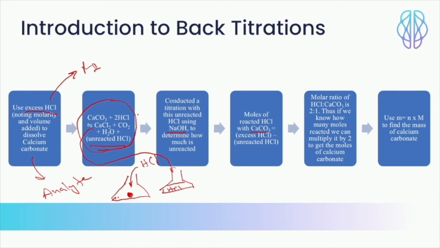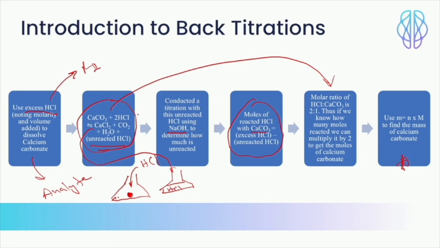And then we use this equation again. We know that HCl and calcium carbonate are in a 2-to-1 mole ratio. So whatever I get from subtracting here, I just double it, and that's how many moles of calcium carbonate were present. And then this is an extra step they might tell you to do in some questions. Not all questions, to be honest.